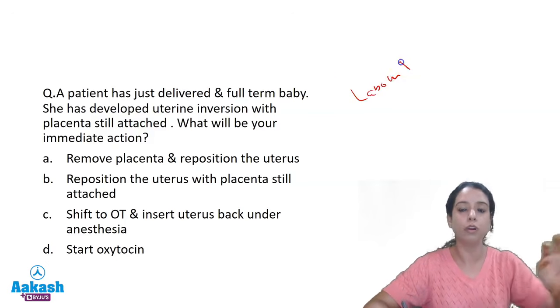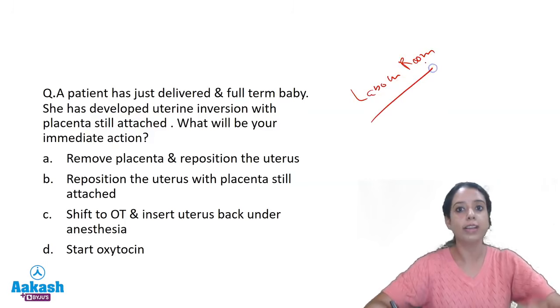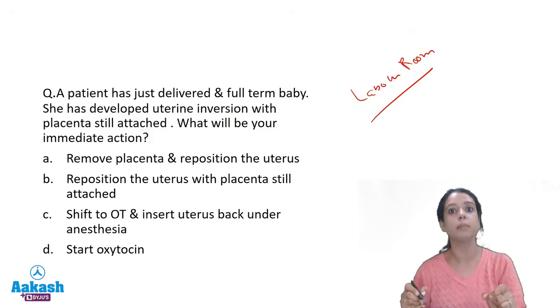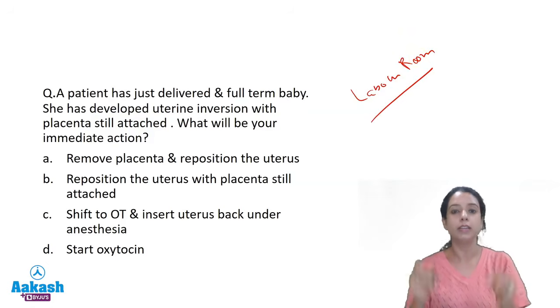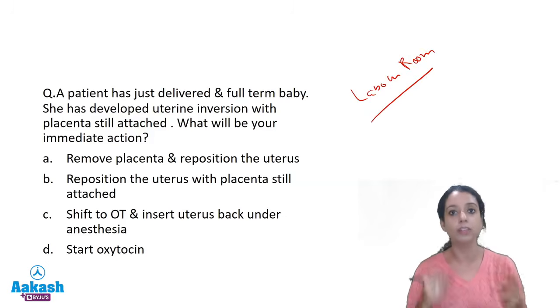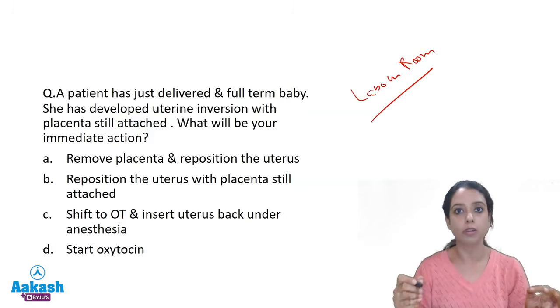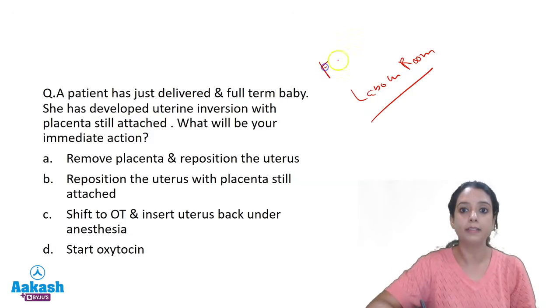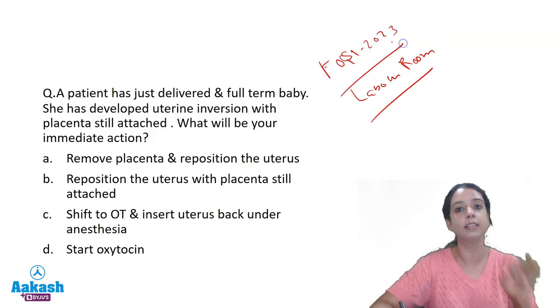You do not have to shift the patient to the OT at the first go. Do not try detaching the placenta, as it will cause hemorrhage. With an attached placenta, reposit using your hand, called the Johnson method. This is clearly given in the FOGSI Indian guidelines 2023: in the labor room.